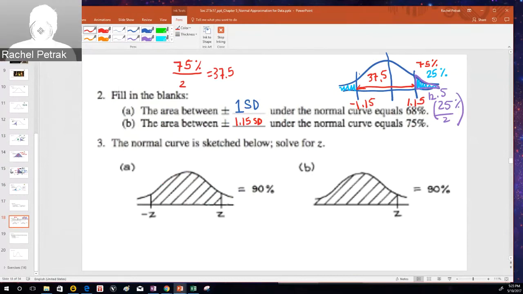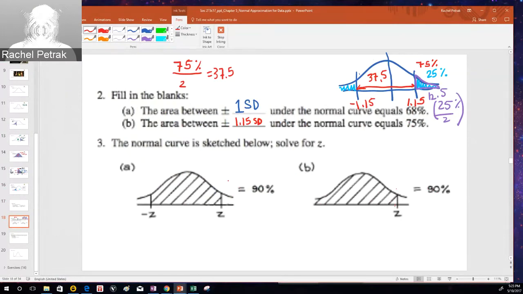The normal curve is sketched below, so we have two different ways of looking at the normal curve. We can either find the middle 90% or a percentile of 90%. So this is a percentile because it's the score at which 90% of the distribution is below. So to get this first one, we can use the same process as we did earlier.